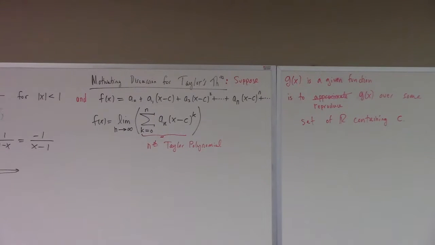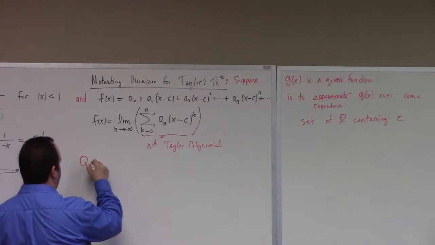So you're given this g of x. You're trying to find a power series, f of x, which reproduces g of x. The question is this: what can you say about the relation of the coefficients in your power series, f, and the given function g? What's the relation between the coefficients? So let me write that down.